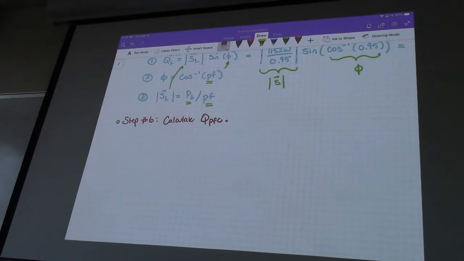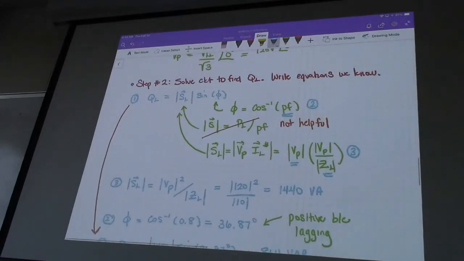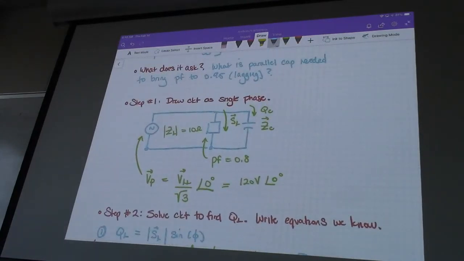Let me write this in a more formal way. The QL at 0.8 should be equal to, at 0.95, should be equal to what? So if we go back up to this picture here, we see that those two values are being summed together. What we call the QPFC or the QC, and then the QL.